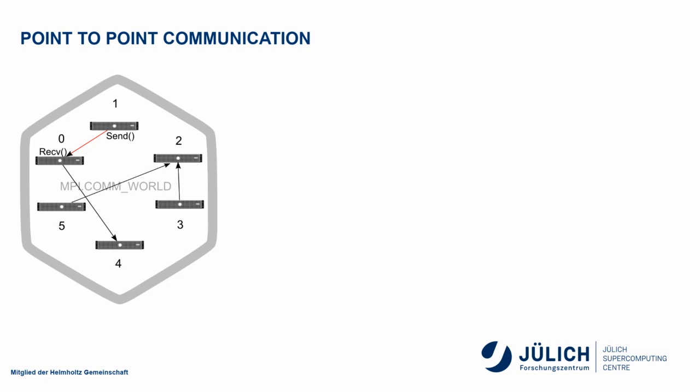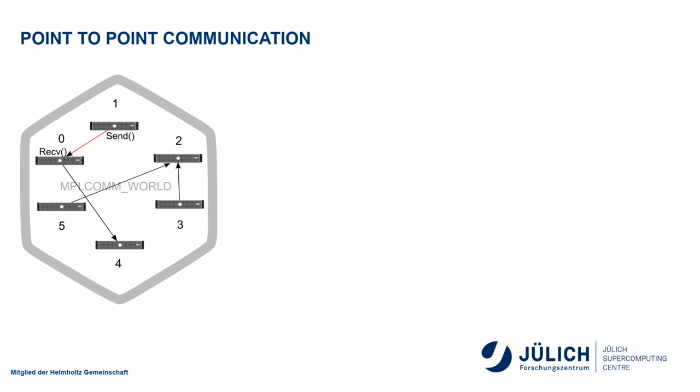That's my receiver. For a regular send command, I have to give the sender and the receiver their default values, and they have to match. So if I have a send, I have to have the corresponding receive.